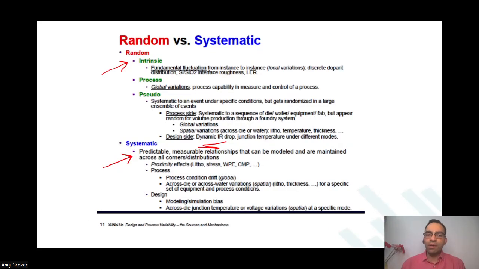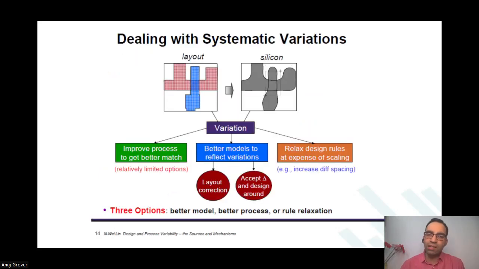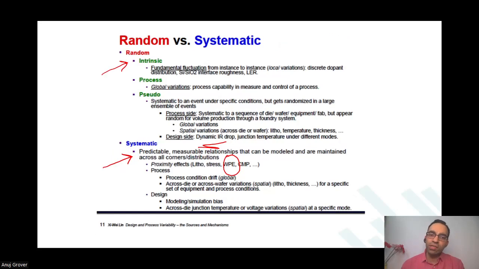Systematic variations are something like WPE that we discussed in the last class. So systematic variations are those kind of variations. The difference between random and systematic is that for systematic variations, you can model them.